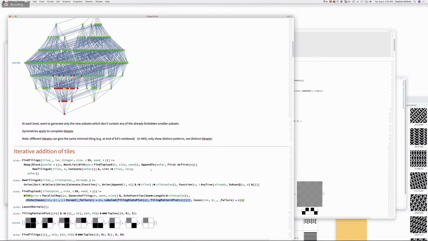Okay, I think that this is right. So I think what's happening here, let me explain again.